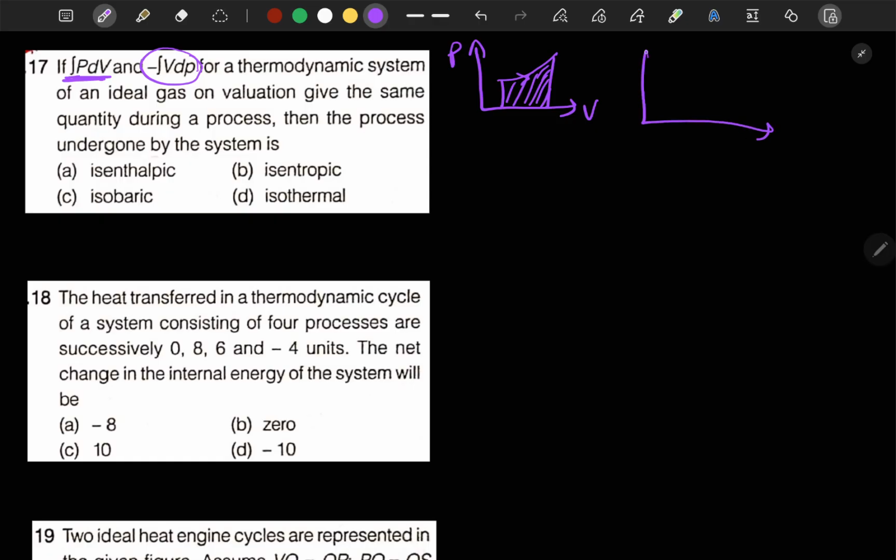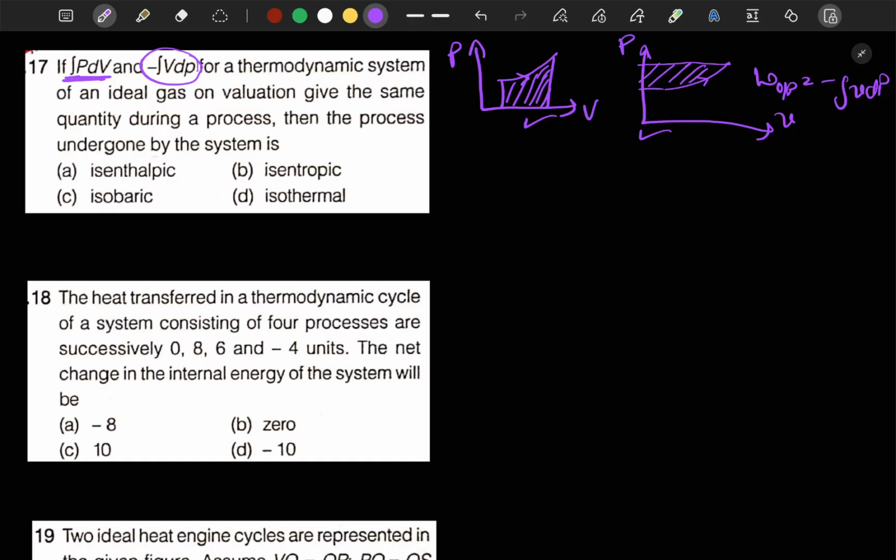But for an open cycle, for a similar curve, the area projected on the pressure axis is the work done. So work done for open cycle is equal to minus VdP.